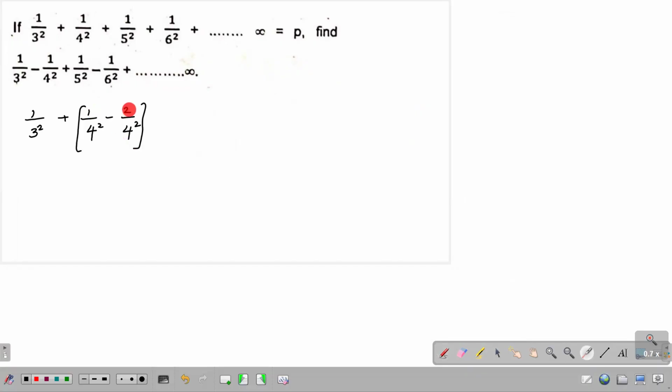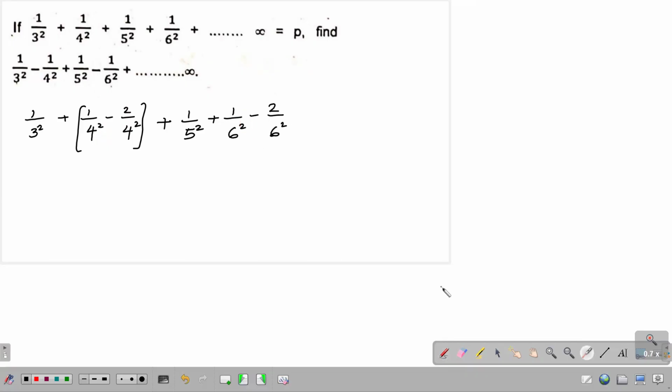This is 1 minus 2, which is equal to minus 1 by 4 square. Plus 1 by 5 square, I will retain it that way. Instead of writing minus 1 by 6 square, can I write it as plus 1 by 6 square minus 2 by 6 square? You know what will happen?